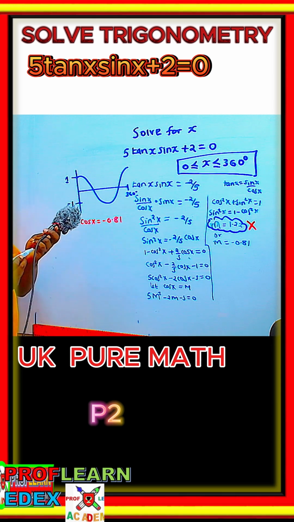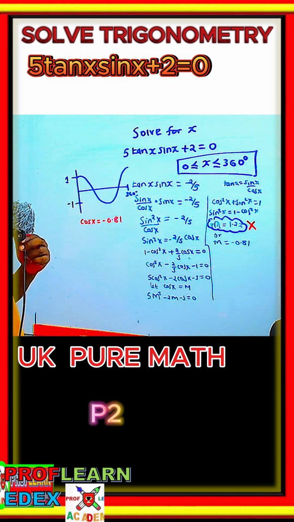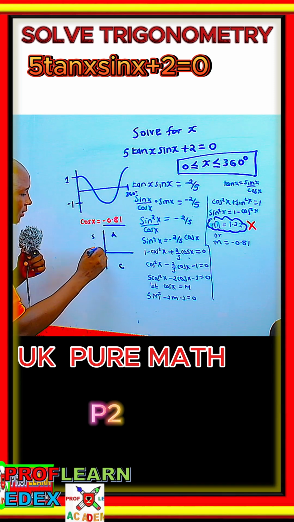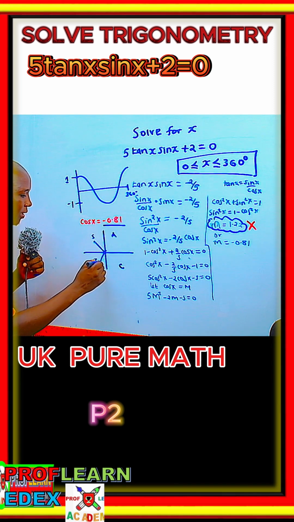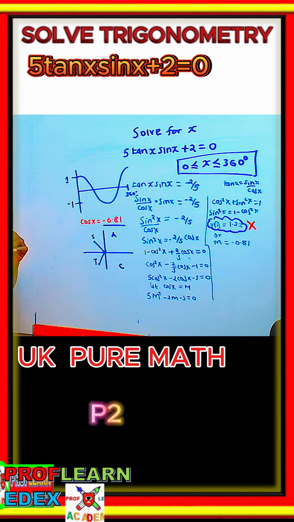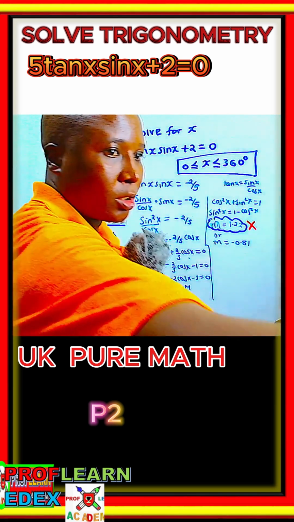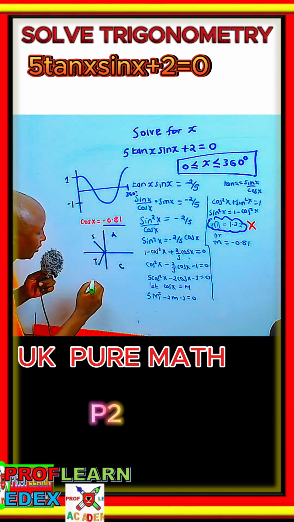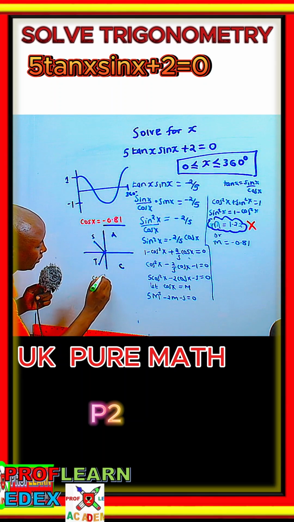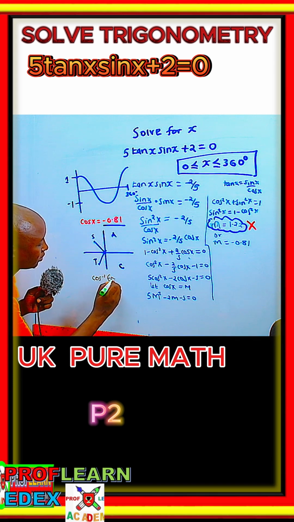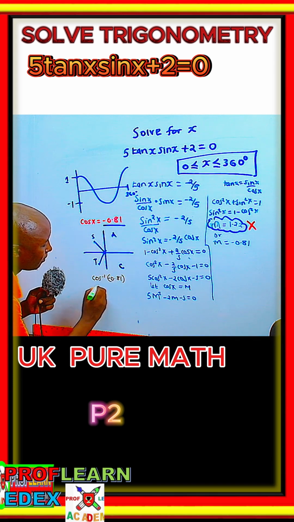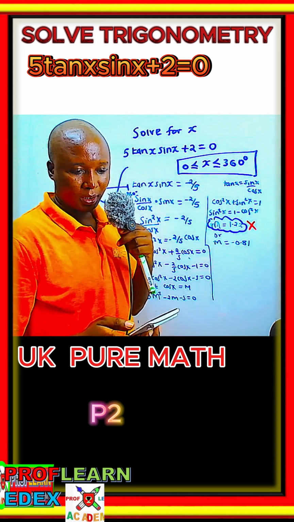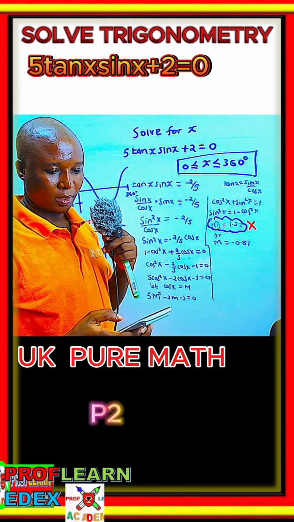0.81. So we need to ask ourselves, where do we have cos negative? We are in the second quadrant, and also we have it negative in the third quadrant. So whenever we are going to find the cos inverse of negative 0.81, we put it in the calculator, and ensure that your calculator is in degrees.